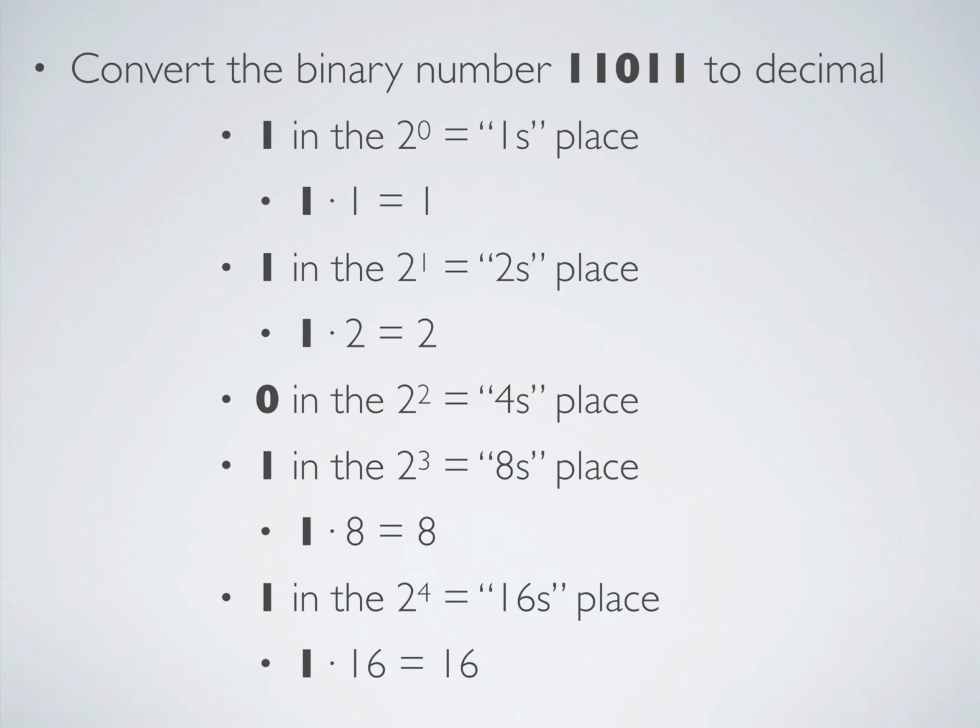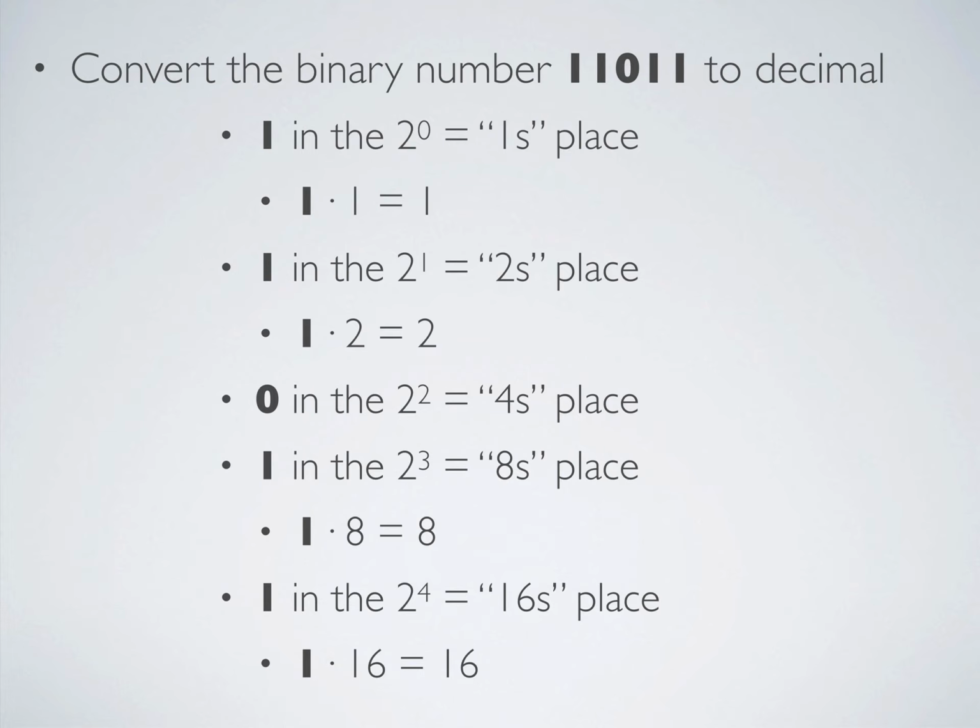There's a 1 in the 1's place, so we add 1. There's a 1 in the 2's place, so we add 2, so our total is 3 now, right? Because 1 plus 2. There's nothing in the 4's, so we skip that. There's a 1 in the 8's place, right? So we add 8. So now we have 8 plus 3, which is 11, right? So we have 11 total now.